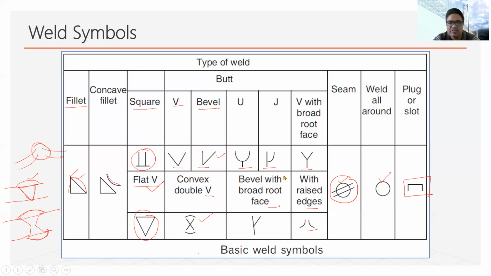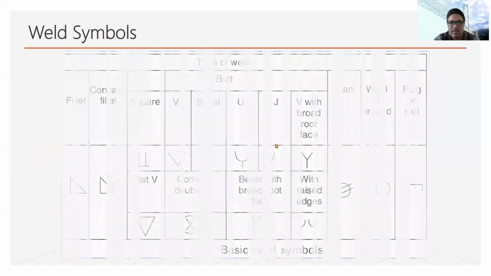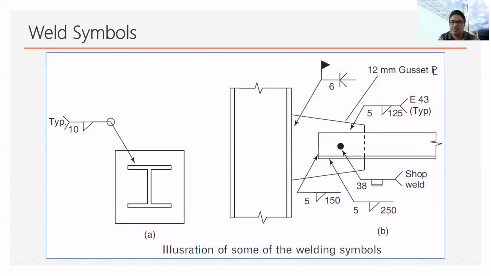Now I am showing you a sample drawing. Here in this case, this is a drawing of an I section. It may be a column, and we have to weld on this column. So this arrow is showing the position of the welding, along this, and at the same time this arrow is with the circle.